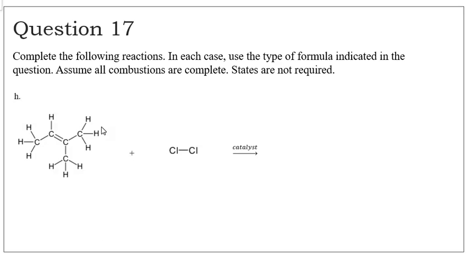Once again, this is an alkene. This is a structural formula, so I need to show the structural formula for the product, and the reaction is still addition. So break the double bond. First carbon, second carbon. Now the first carbon is just the CH3.